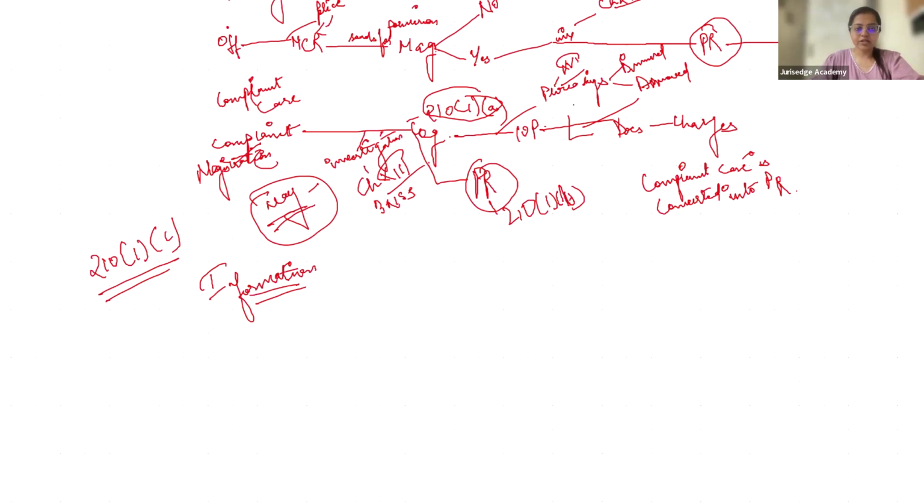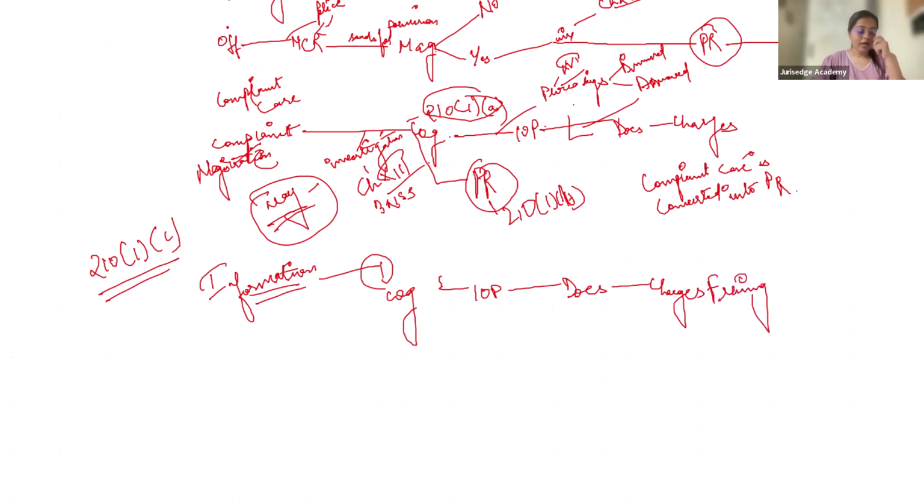He receives the information, he directly takes the cognizance. Then the same things happen: issue of process, documents, charges, and then the trial begins.